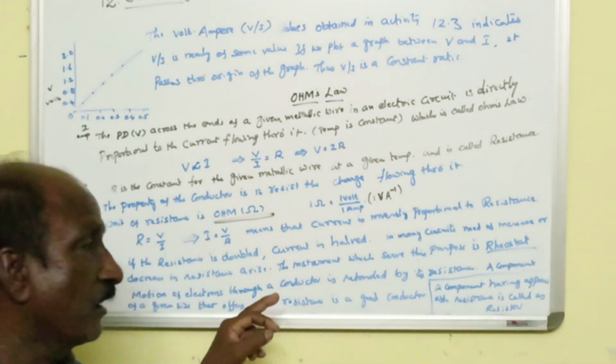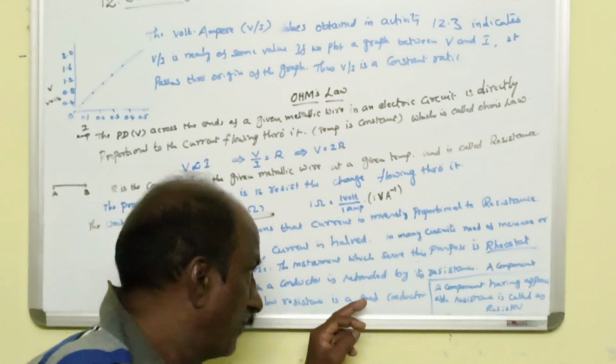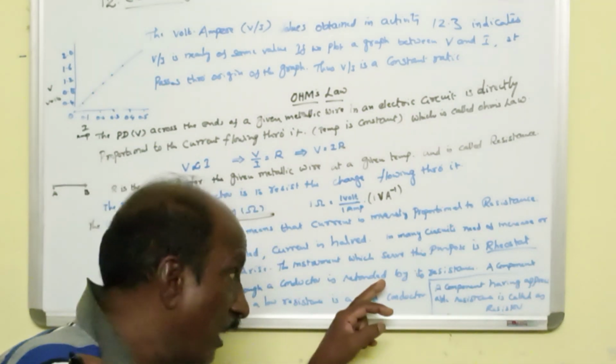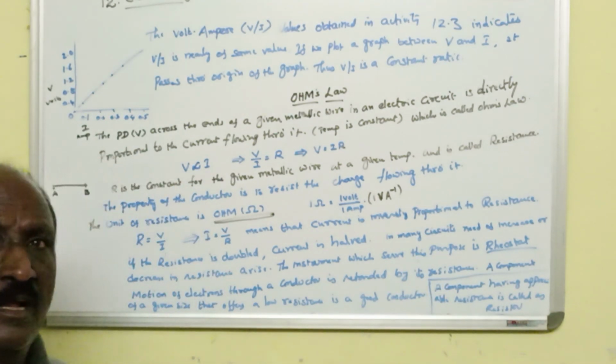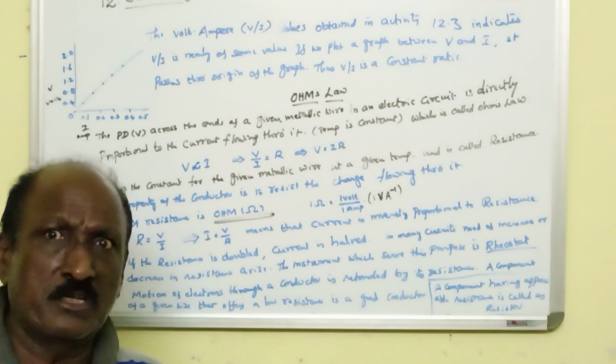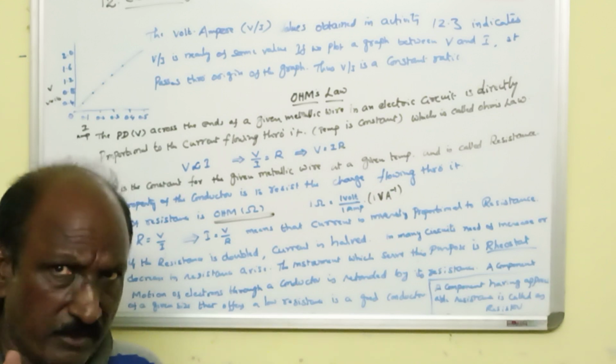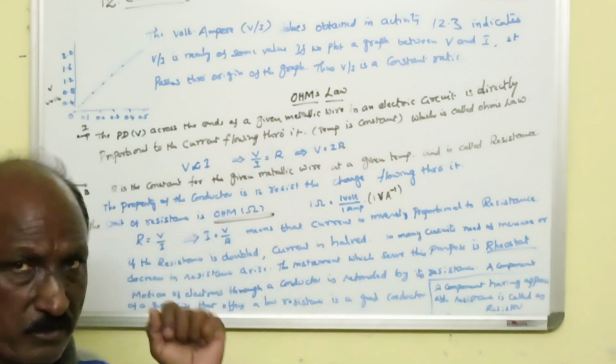Motion of electrons through a conductor is retarded by the resistance. A good resistance resists the charge carriers which are flowing in a metallic conductor. That one we came across already.